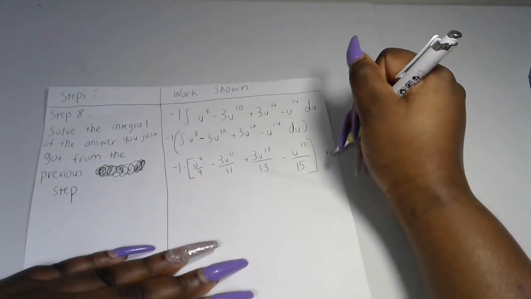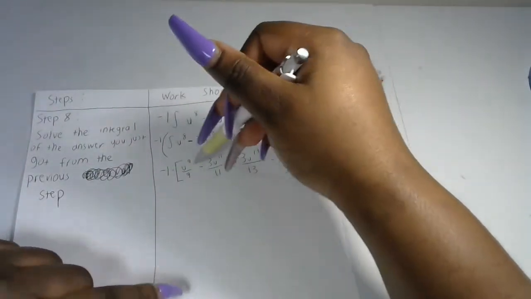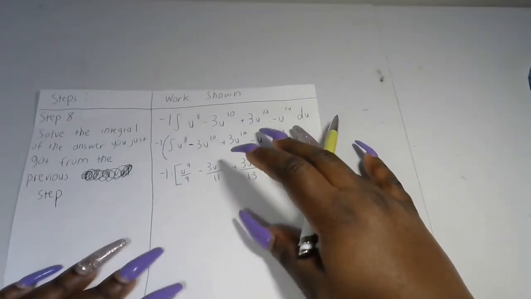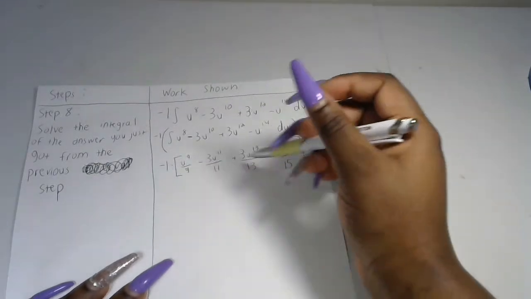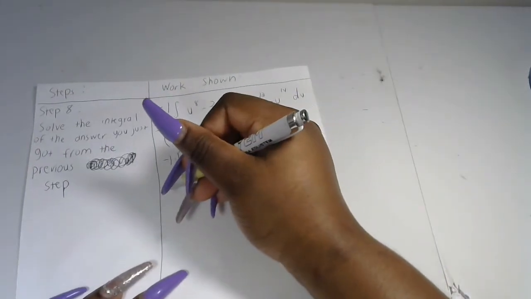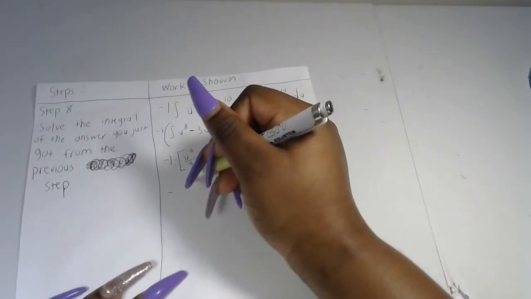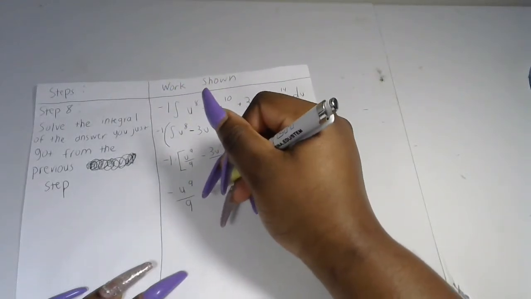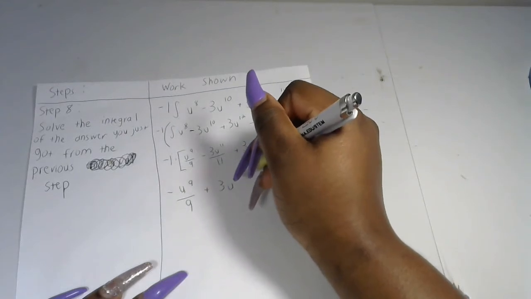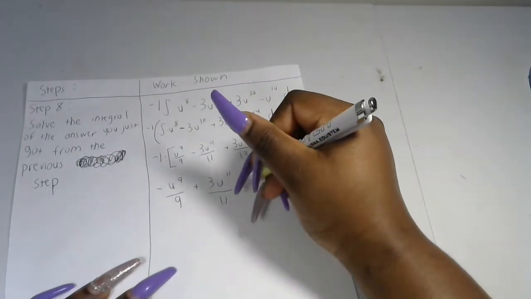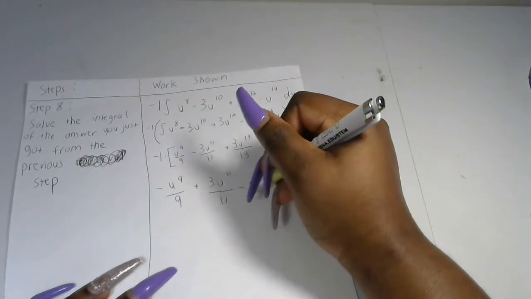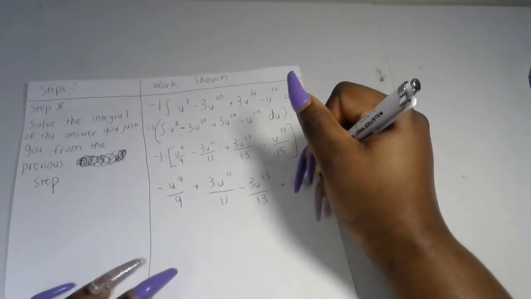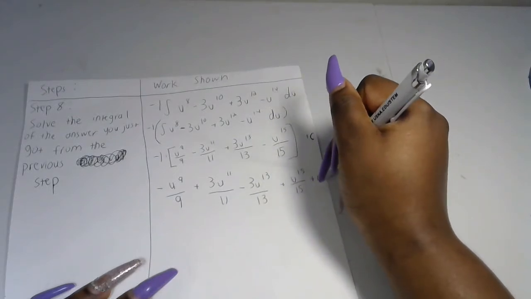Anyway, let's distribute that negative 1 out. So we get negative u to the 9th over 9 plus 3u to the 11th over 11 minus 3u to the 13th over 13 plus u to the 15th over 15 plus C. All right, so that's what we got for step 8.